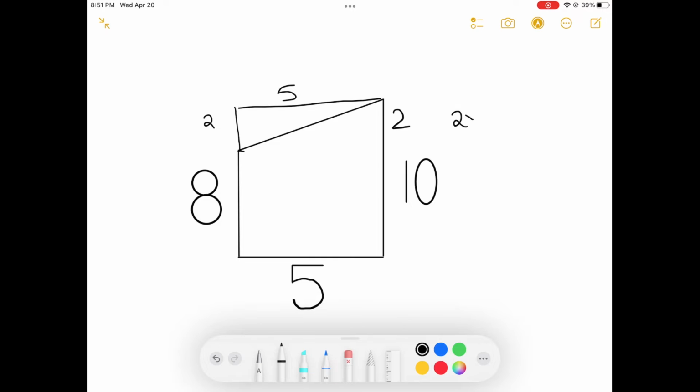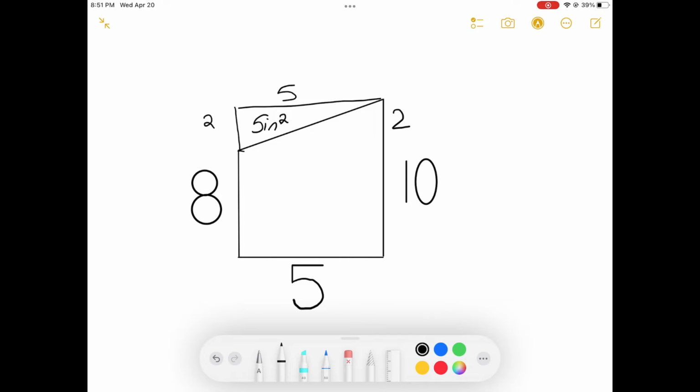So we're going to do 2 times 5, which equals 10. Then 10 divided by 2, which equals 5 inches square. So the area of that triangle is 5 inches square, and let's put that on there.